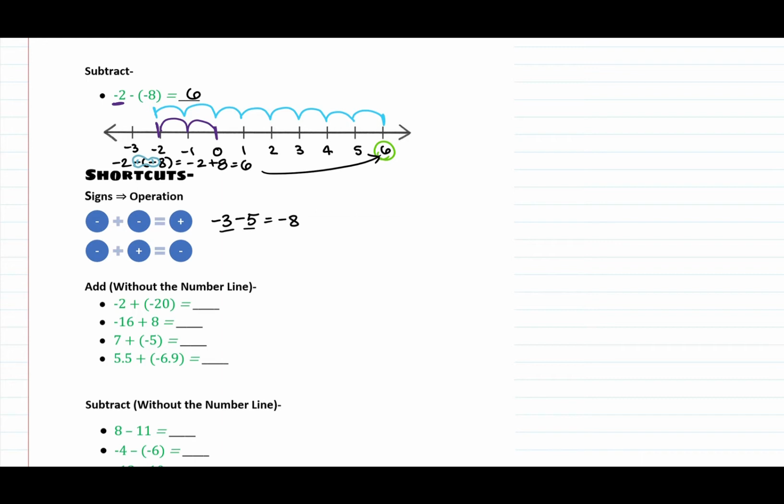Okay, and now let's put this as green because examples are green. A negative plus a positive would be subtraction. So, for example, -2 plus 5.